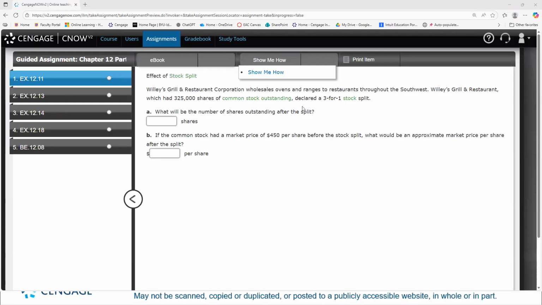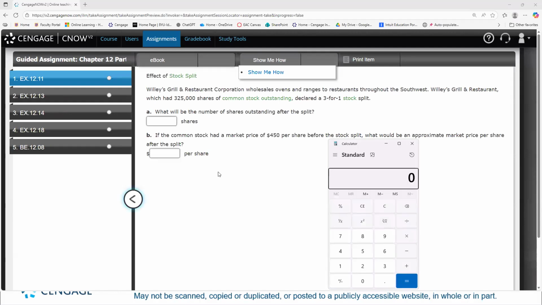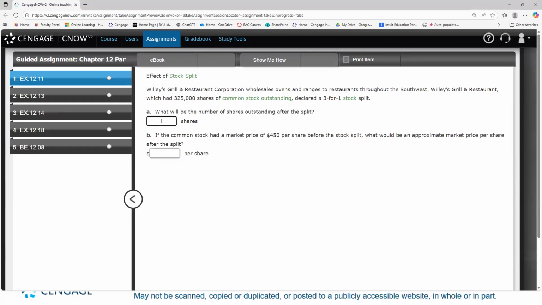So the first question is, how many shares will there be after the stock split? And the answer is 3 times as many. So if they had 325,000 shares and they do a 3-for-1 stock split, I just take 325,000 times 3. Now there will be 975,000 shares of the company out there.